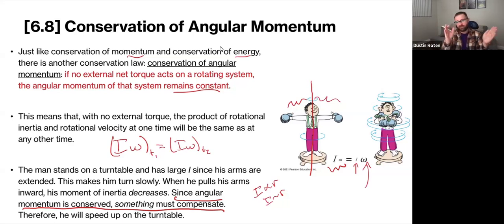So since he's shrinking his inertia, Mother Nature has to increase omega, which means he's going to spin much faster. And you can see this in ice skaters. When they pull their body in, they spin faster, and then when they stretch their arms out, they go slower.